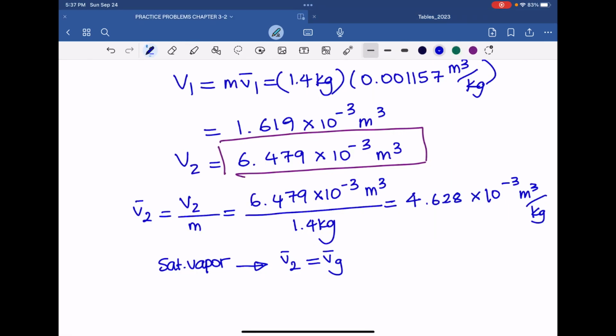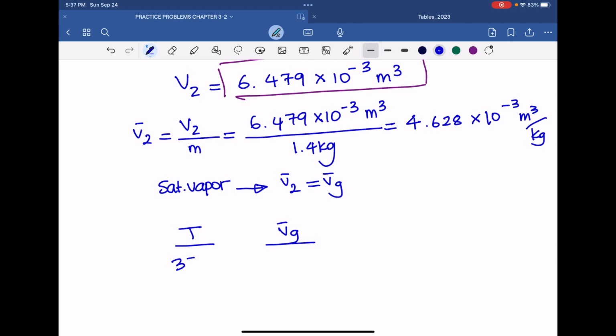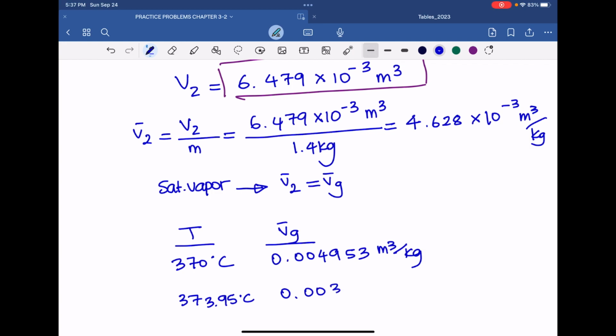Okay, so if you do linear interpolation, here is the temperature you read and the corresponding specific volumes you read for the saturated vapor. For 370 degrees Celsius, we read this as our specific volume. And also for this temperature, we read another specific volume for the saturated vapor.